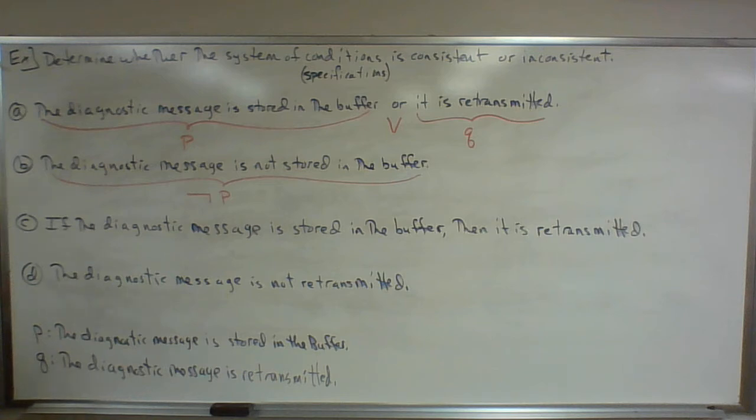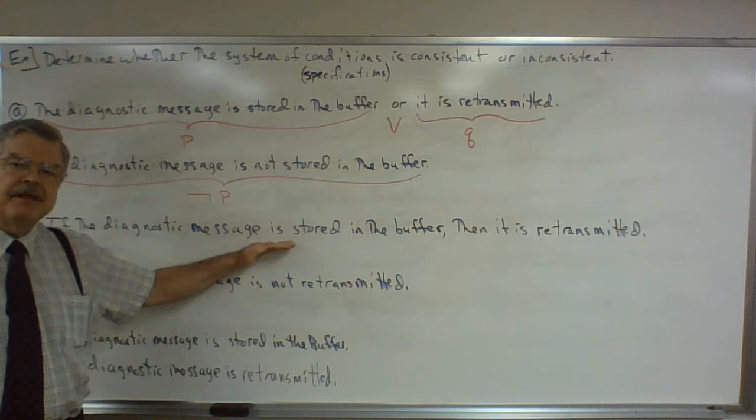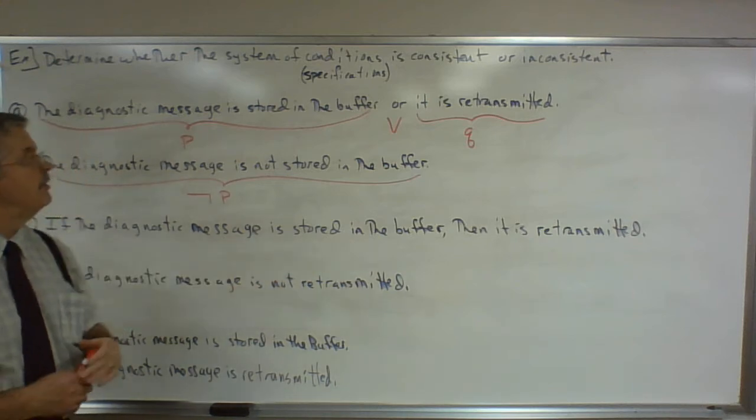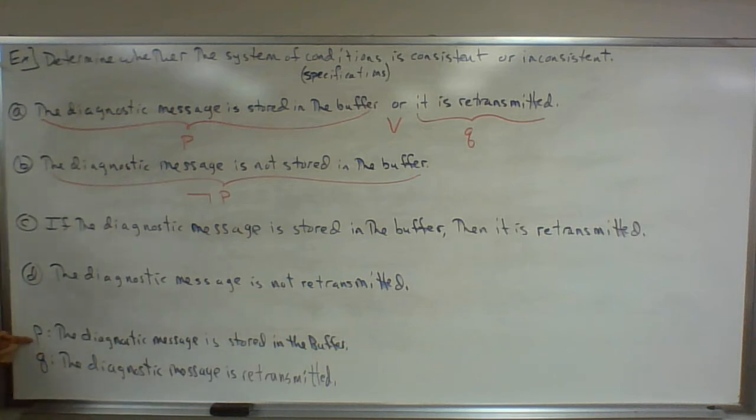Now to the third condition or specification. If the diagnostic message is stored in the buffer, then it is retransmitted. I don't see anything new here. The diagnostic message is stored in the buffer. That's P, isn't it?